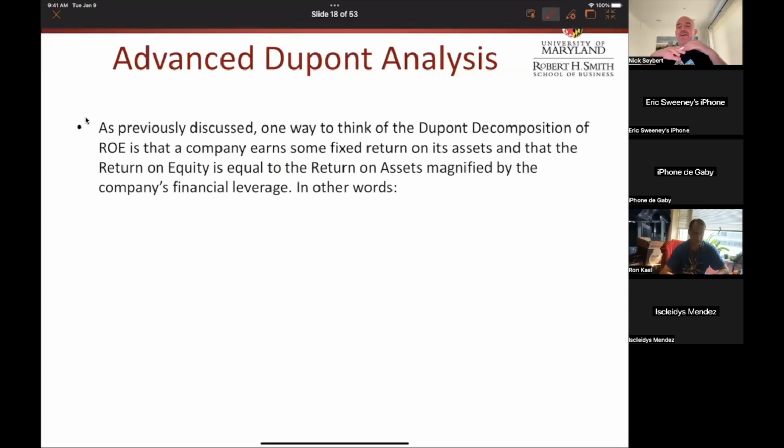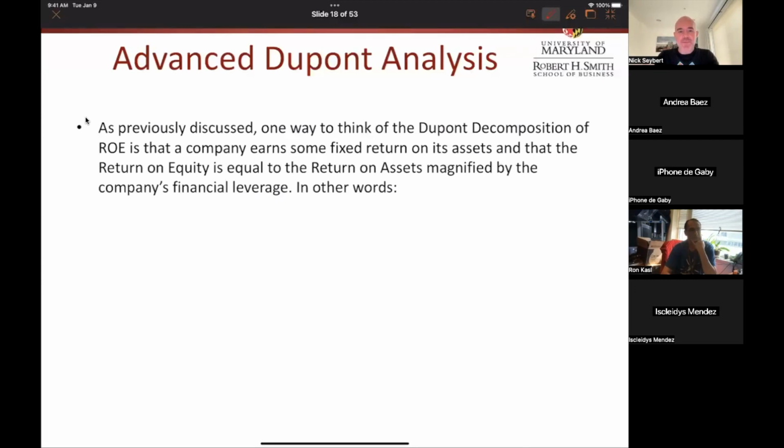But I personally find the accounting way that we do it so convoluted that I use mostly the finance terminology mixed with my own. Okay, but we do call this advanced DuPont analysis because we're still going to decompose returns into different components. But we're going to do so in a much more complex way. All right, and many people would say this is a more useful way to do it as well. And it's going to show us a few things that we couldn't tell from the ROE ratios we calculated a minute ago. We're going to get some more insight into the company.